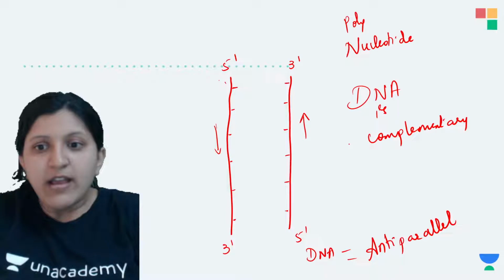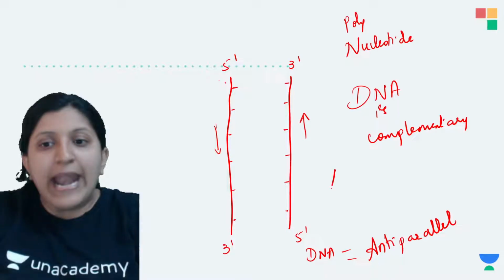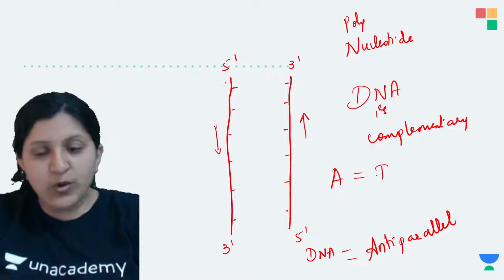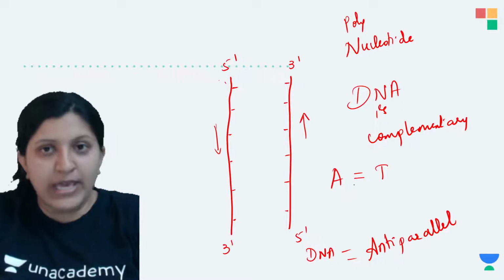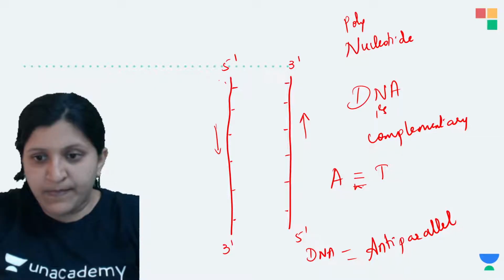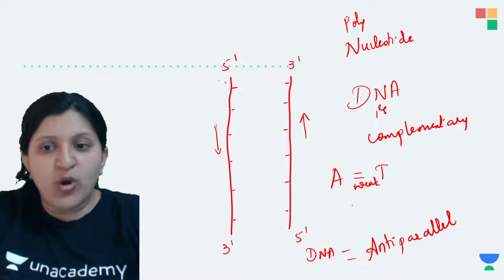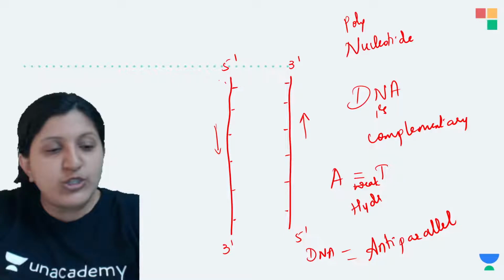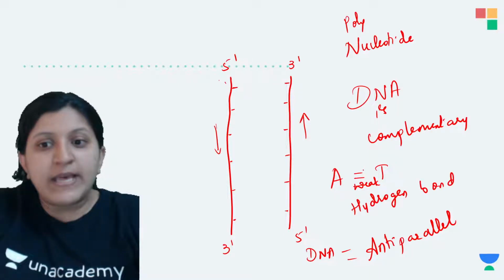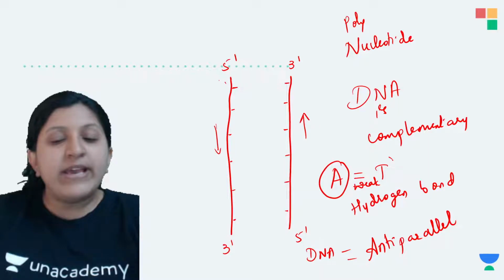Now adenine is one of the nitrogenous bases that pairs with thymine. So A and T pairing we can see with a weak hydrogen bond. This one is a weak bond and it is a hydrogen bond. So adenine always makes a pair with thymine.